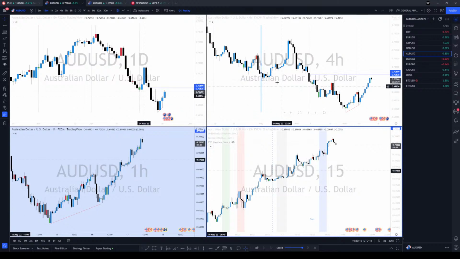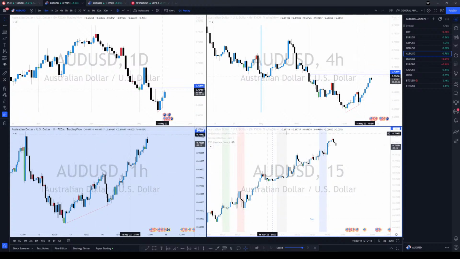You want to find the direction that price is trading in from the higher time frame, preferably daily, 4-hour, weekly. When you get the direction right, then the down candles that price creates, you want to trade the ones that come with the green candles.